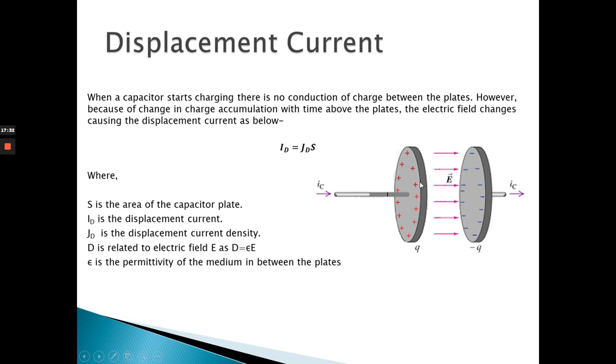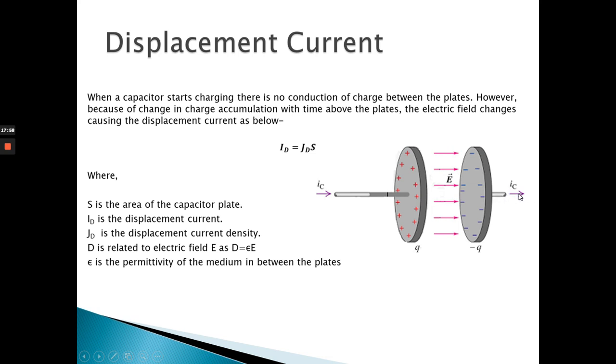But there is one thing we learned: the positive charge produces an electric flux density which goes through any medium and ends up on a negative charge, right? Now due to this displacement, with the accumulation of high positive and negative charge, you will feel a current flowing through.